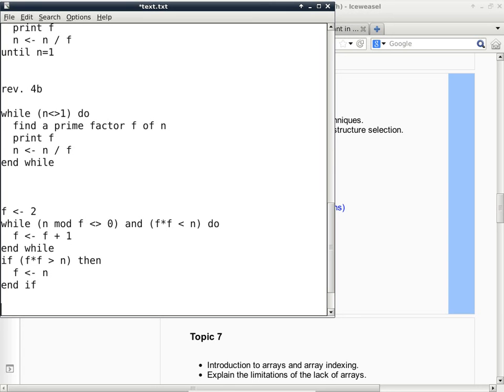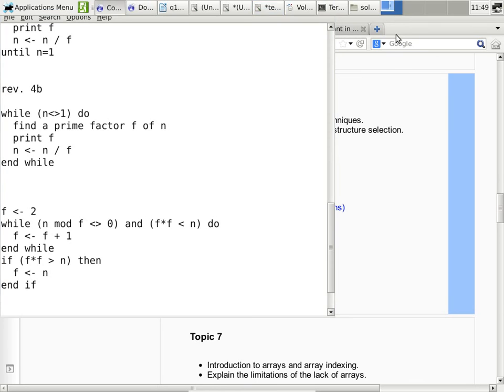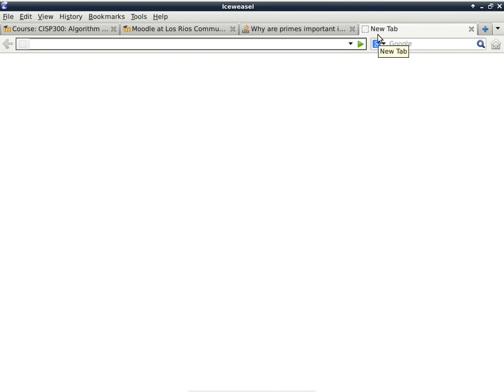1 is not a prime number. How do I know that 1 is not a prime number? Because I looked at Wikipedia. Well, because it is by definition. There's no particular theorem to prove that 1 is not a prime number.